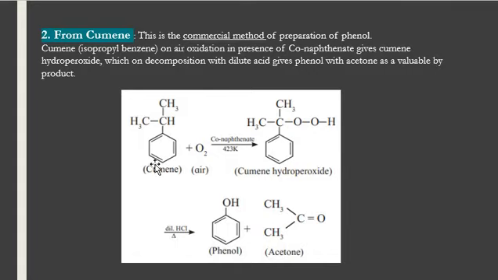Cumene is isopropyl benzene, which on oxidation in presence of cobalt naphthenate gives you cumene hydroperoxide, and this cumene hydroperoxide, on decomposition with dilute HCl, will give you phenol and acetone. Both are valuable products. So this is the commercial method of preparation of phenol from cumene.